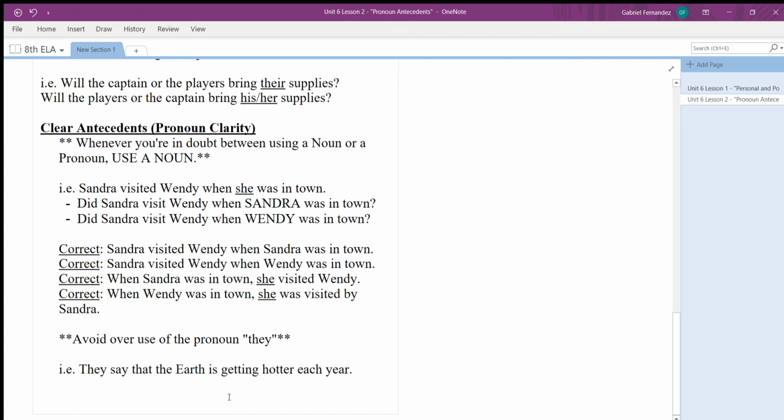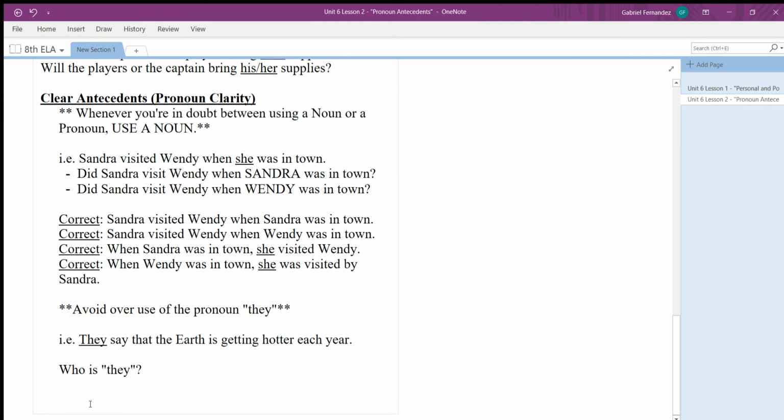Grammatically, correct sentence. You have a subject, you have a predicate. But again, who is they? We have no idea who you're talking about, okay? So again, it all comes back to pronoun clarity.